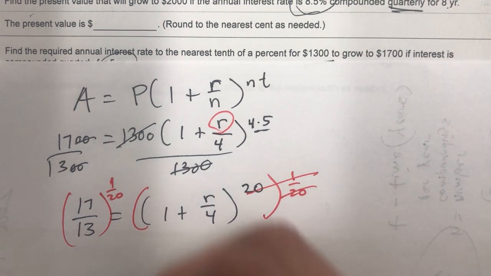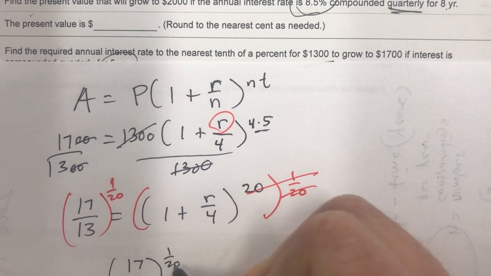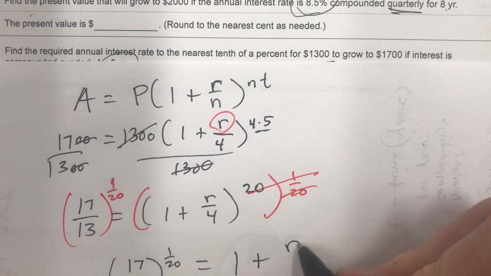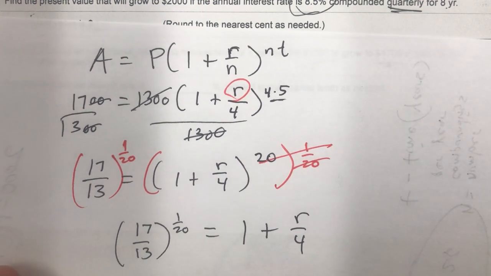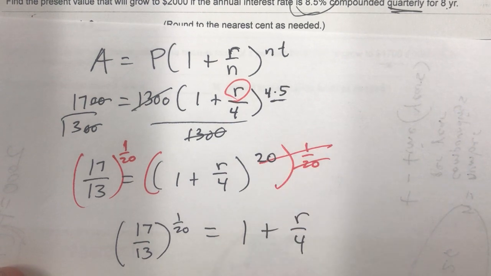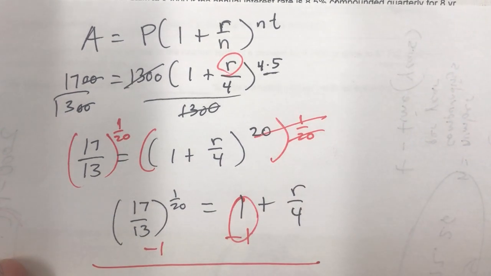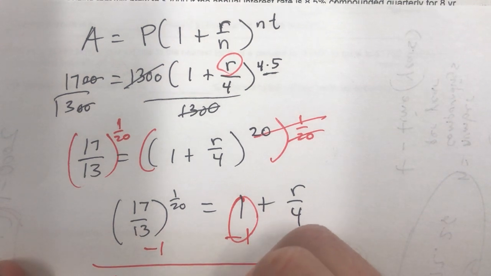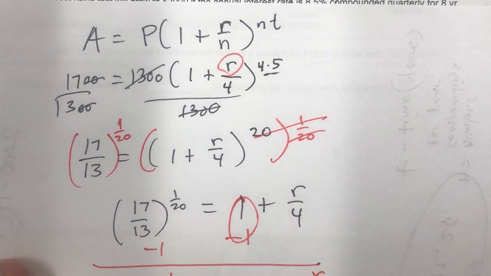What I have now is 17 over 13 to the 1 over 20 power equals 1 plus r over 4. And now I'm going to subtract 1 on both sides to make this go away. Now I've got 17 over 13 to the 1 over 20 power minus 1 equals r over 4.